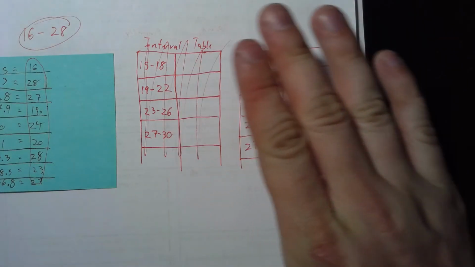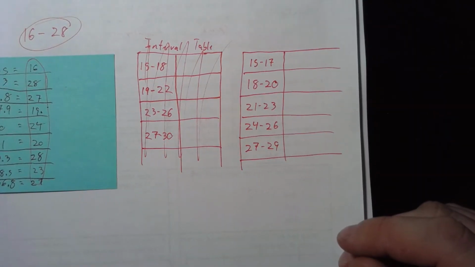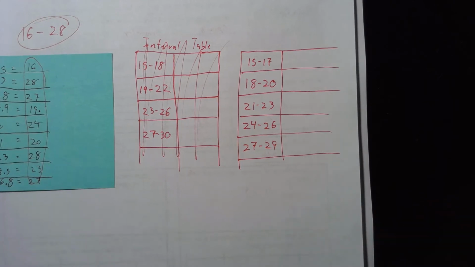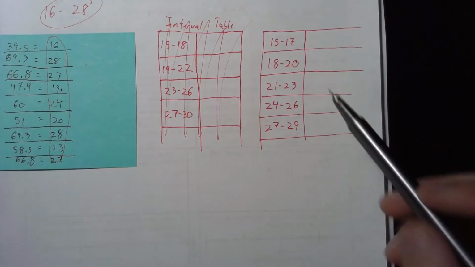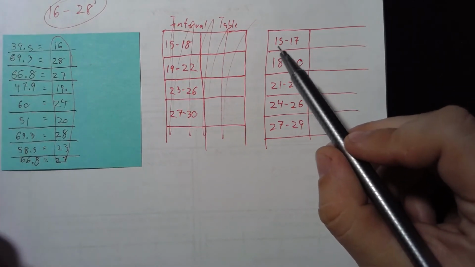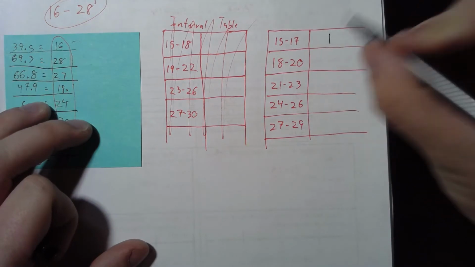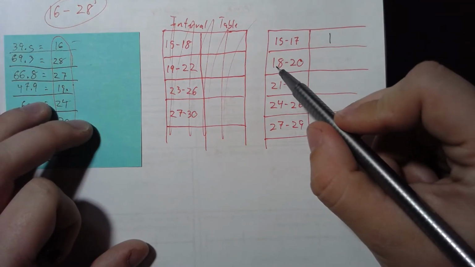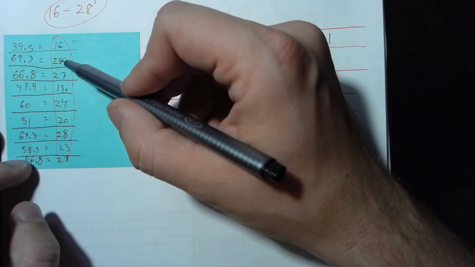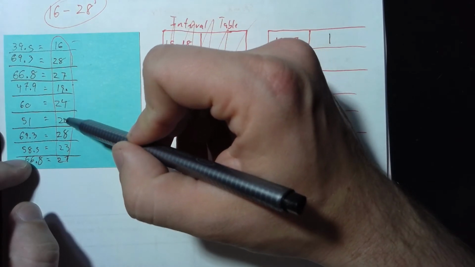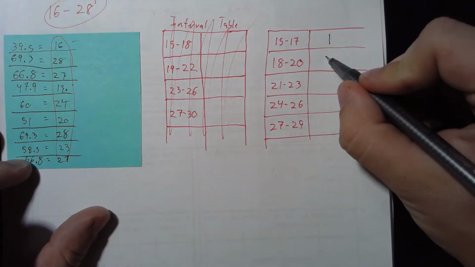So now, once we have our interval chart ready, we're going to take our data from our fish and tally it up. How many fish were between 15 and 17 inches? We've got 1, just 1. How many fish were between 18 and 20 inches? We've got 1, 2. We've got 2.